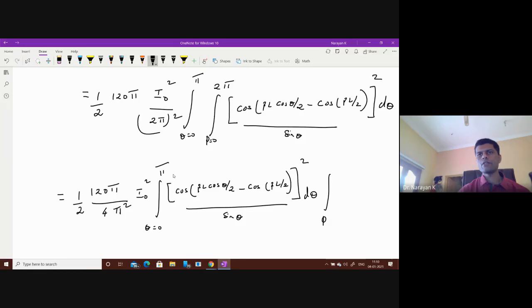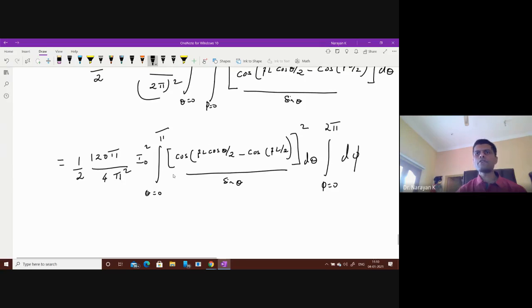So the integration of phi varying from 0 to 2 pi d phi, this part will be 2 pi. So this one pi will get cancelled. I think this will end up being 15 I naught square by pi. This integration will be 2 pi, this pi will get cancelled.